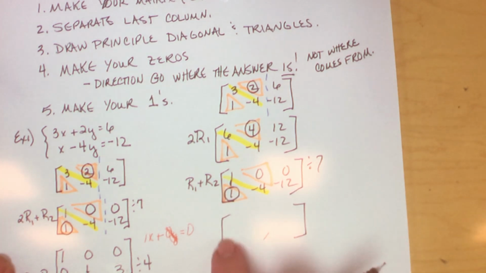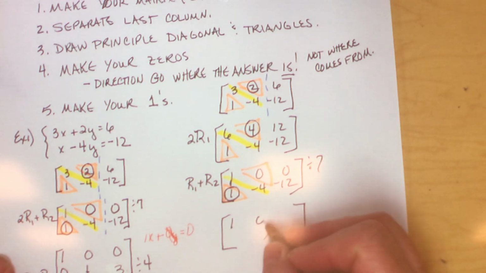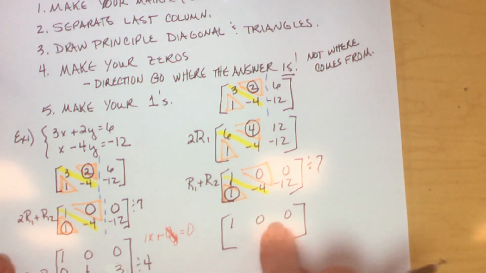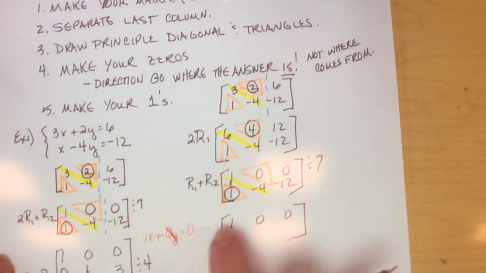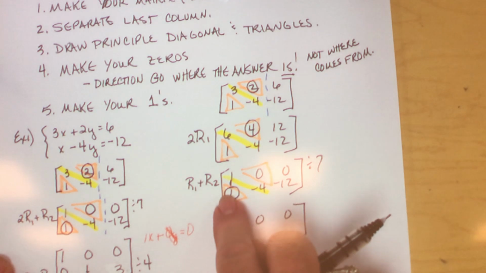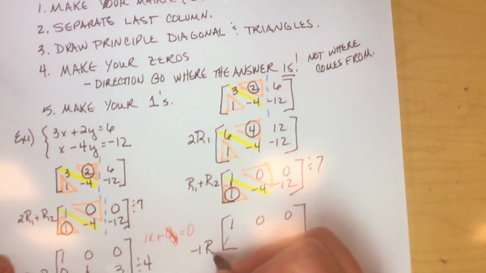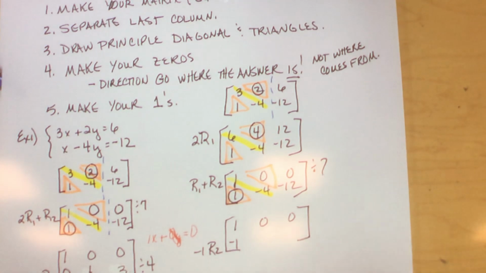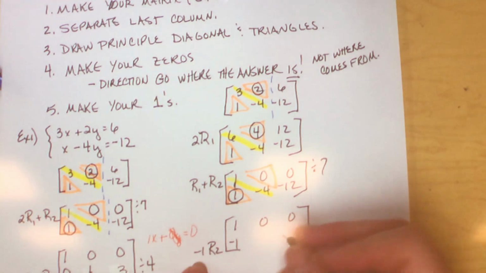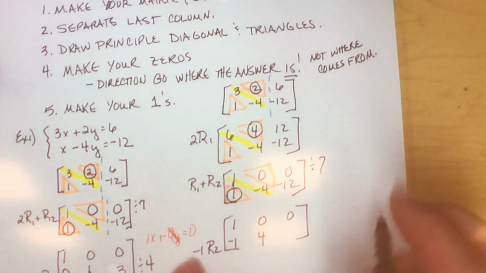So I'll leave row 1 alone. Even if I needed to change row 1, sometimes you might, then I could change him, but then go back and pick him up like he was. Just use him and then go back. Okay, so I'm going to multiply negative 1 times row 2. So negative 1, positive 4, positive 12.